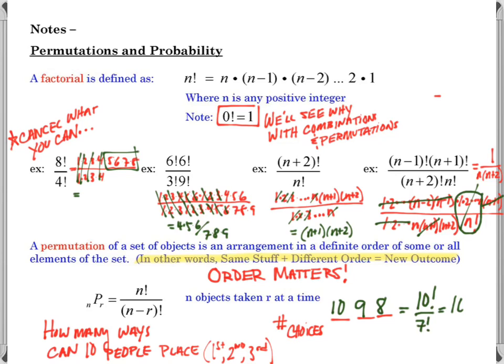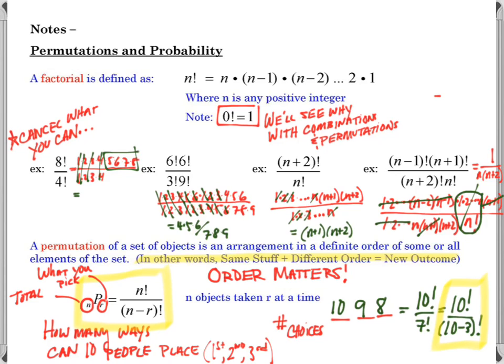So that's 10 factorial over 10 minus 3 factorial, or 10 factorial over 7 factorial. If you simplify stuff like this, you come to this formula. n is my total number of things, which in this case is 10, and r is what I'm choosing, which is 3. So one way you talk about it is from n pick r, and that will be your permutation.